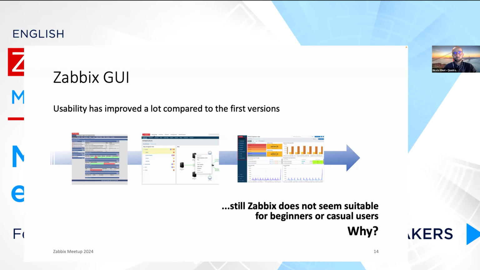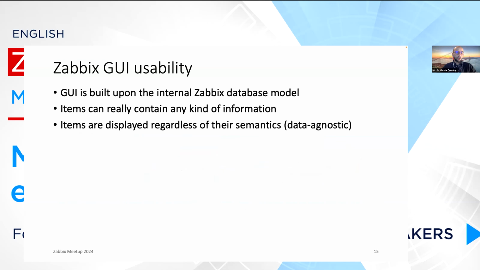Why? Well, there are a lot of reasons, I think, but the most important is that the user interface is built upon the internal database model. I mean items, triggers, low-level discoveries, and so on.